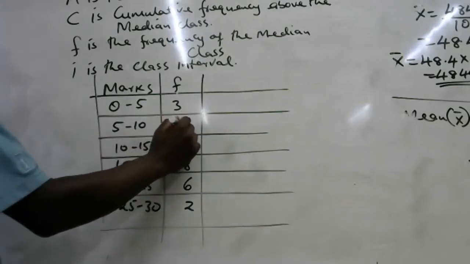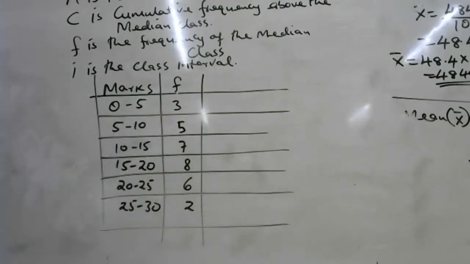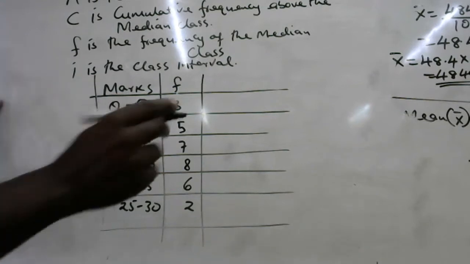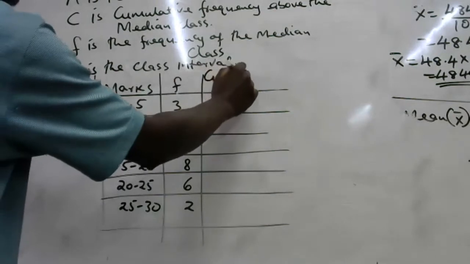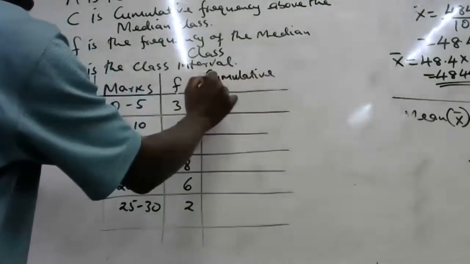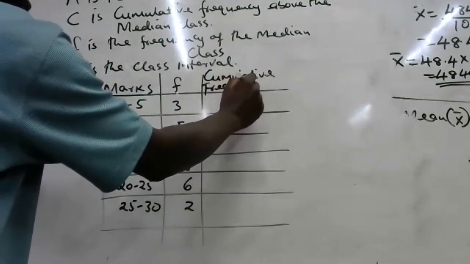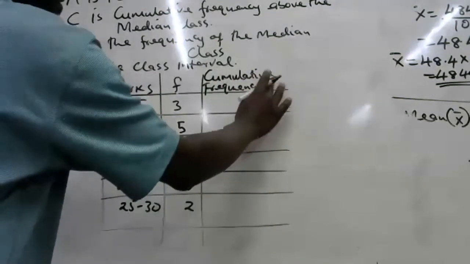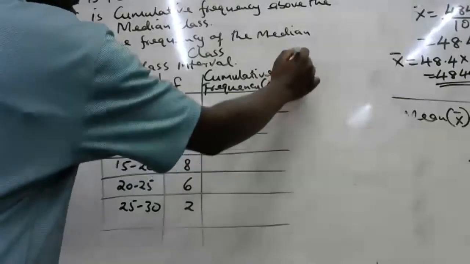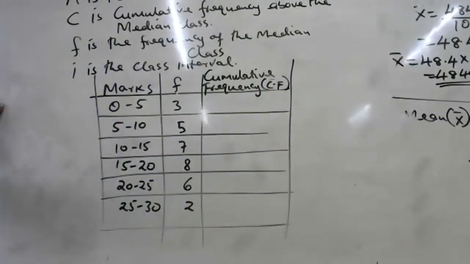This is 5. Now you are told to determine the median. There is no way you can get the median before you have what we call cumulative frequency. You must create a column for that, commonly known as the CF. That one will never be given to you.